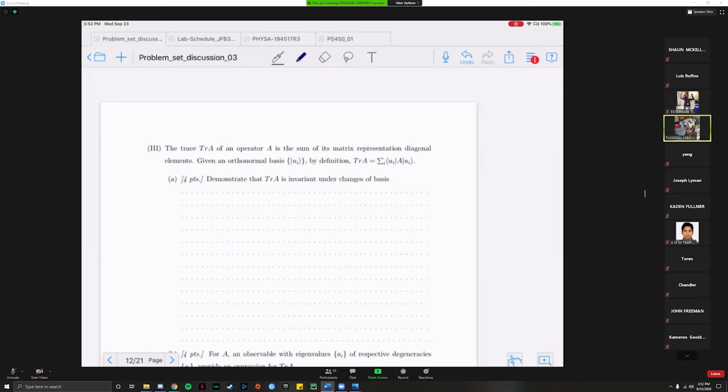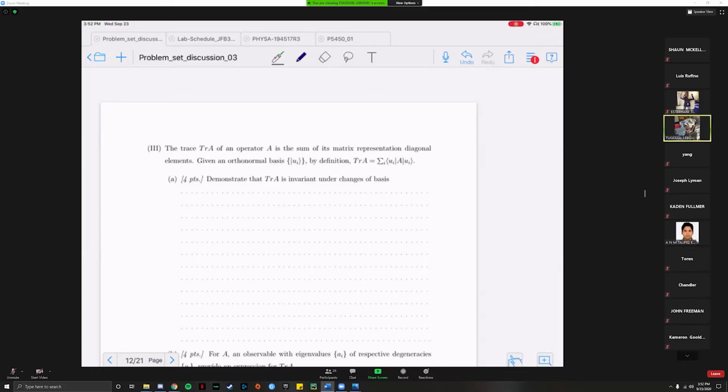Because if the result depended on the choice of the basis, then this number would not be a property of A. It would be a property of A in that basis, right? Is what I'm saying clear? Yeah, I'm following.